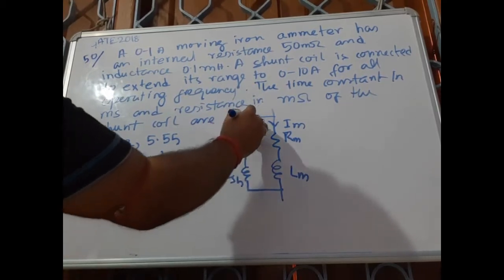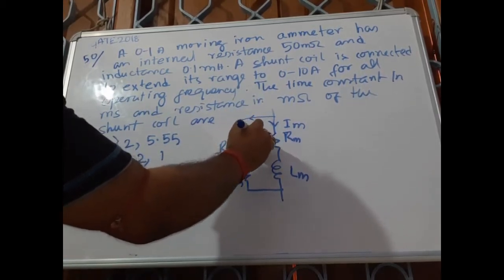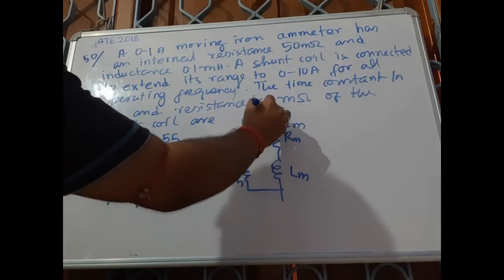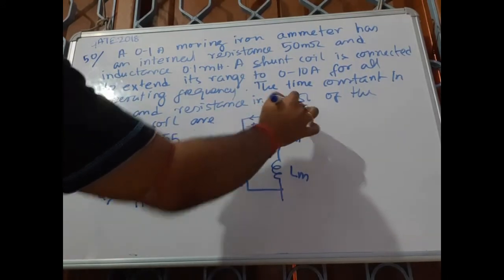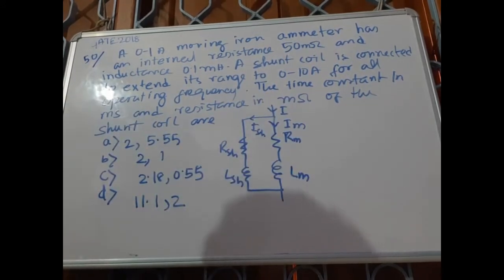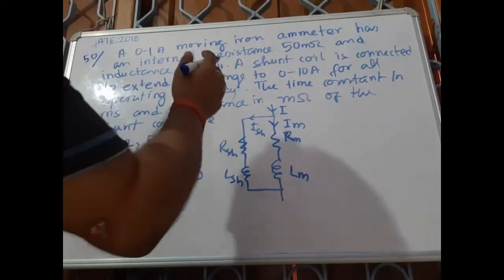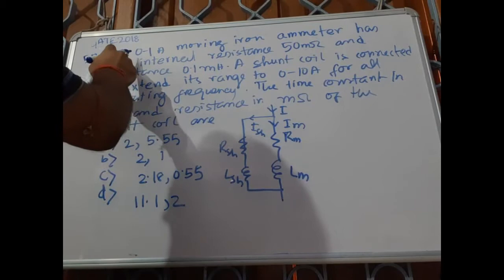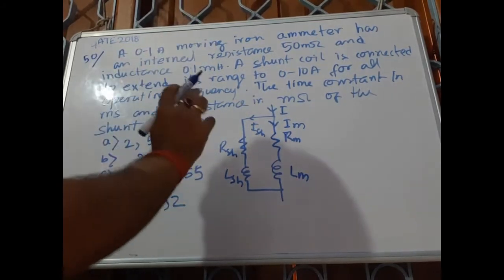Now the current flowing through this is Ish and the total current is I. So this is the connection of the ammeter, and it is given that it is a 0 to 1 moving iron ammeter.